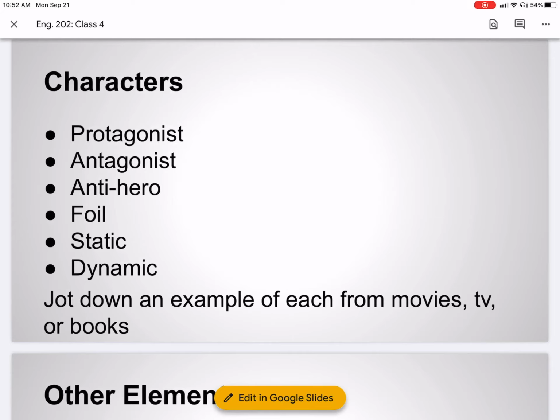You also have a foil character. That's where you have a character who, by virtue of who he or she is, throws into relief characteristics of their protagonist or anti-hero, whoever they are working in opposition to. It's kind of like a juxtaposition. A foil character will draw out qualities in another character. You guys are too young, but there was a movie called Twins with Arnold Schwarzenegger and Danny DeVito, and that is maybe the stupidest example I could give, but it's the one that comes to my mind quickest.